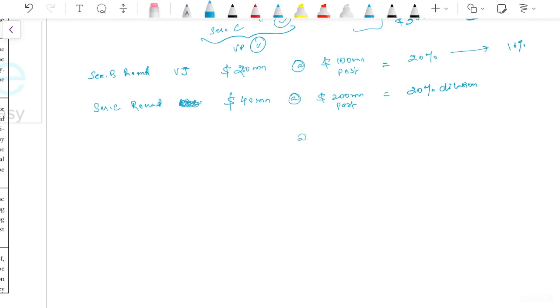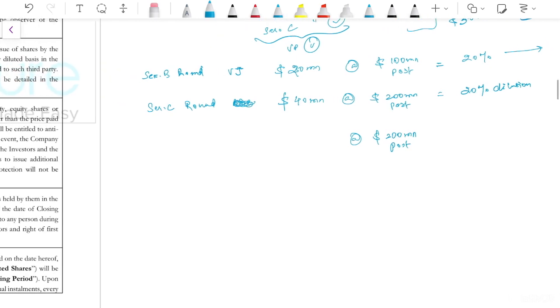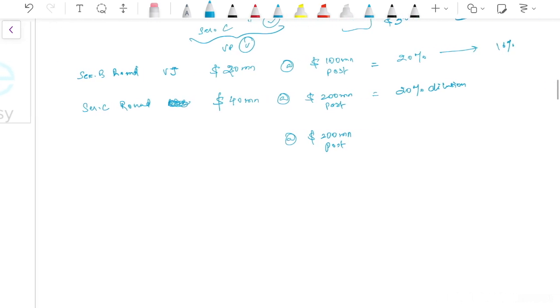I will put in that much money at the same price, at the same post money valuation, which will increase my stake by the 4% by which I was being diluted. That means I will put in $8 million, which will give me 4%, and I will ask that from the new investor ABC, you go on and raise $32 million at $200 million post.